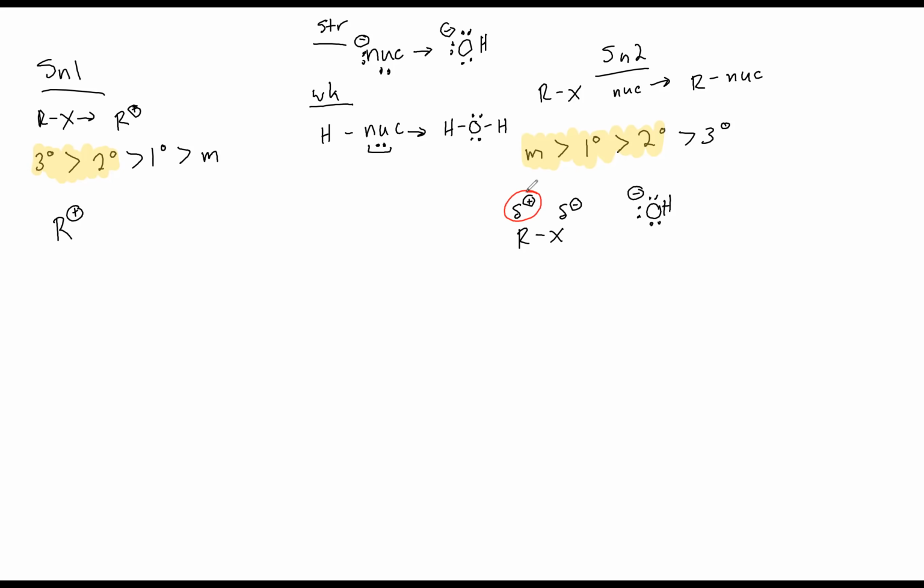Whereas over here, unless we have a full positive charge, our nucleophile will not react. And this is a good thing because we want to wait for that first step in order to form the carbocation. Basically, the weak nucleophile will be polite and wait for the carbocation formation in order to do a nucleophilic attack. Okay?